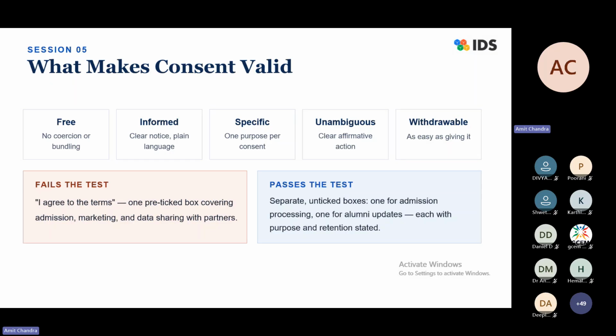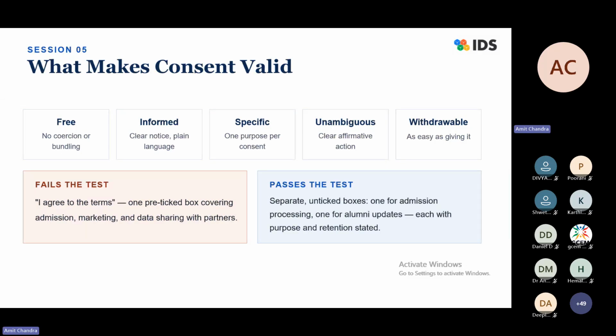It means that whatever fields you are going to use for that particular purpose should be listed, clear, and informed, so that the user is able to understand that these are the fields I'm sharing with the university for this purpose, whether it is my name, my date of birth, my marks, my phone number. All those details should be clearly mentioned. You have to make sure that you take one consent at a time, or at least within that consent you should have multiple purposes defined.